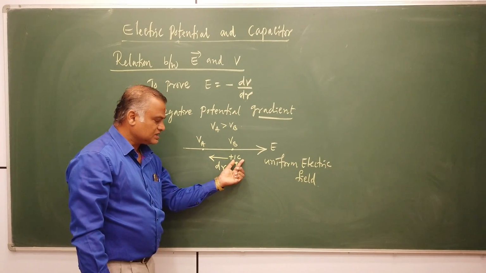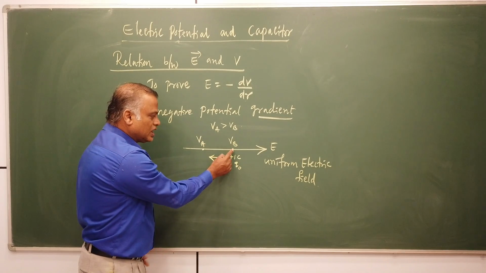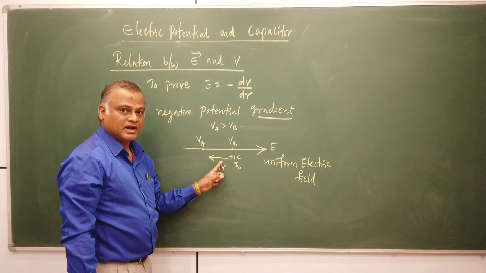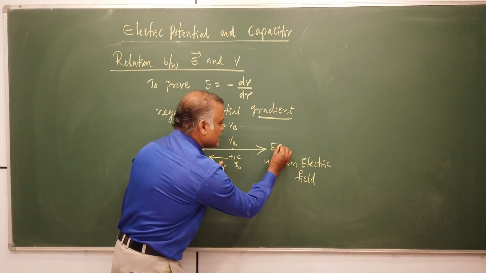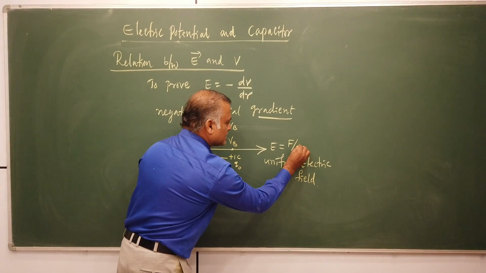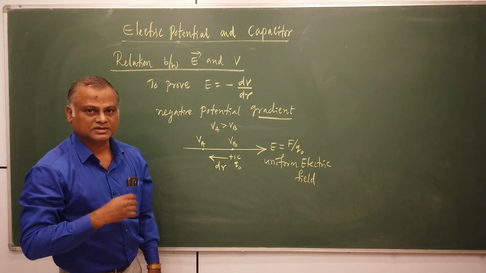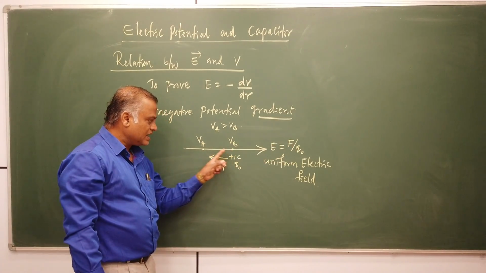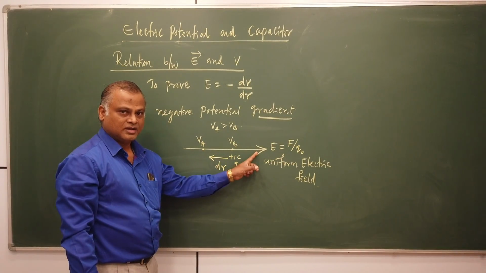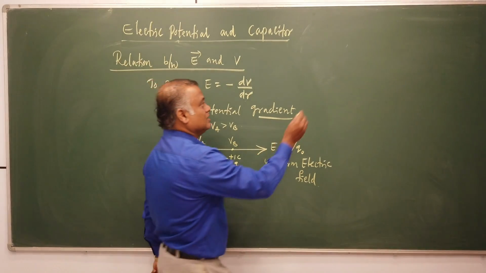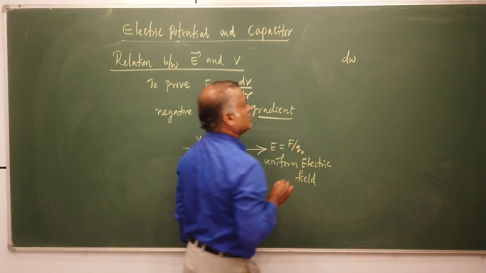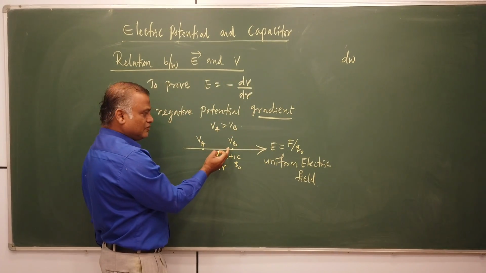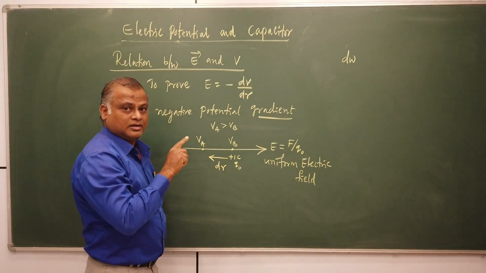Say unit positive charge is carried from lower potential to higher potential, means against the direction of electric field. Here again electric intensity is the force exerted on a test charge, a force acting on unit positive charge. So when it is carried against the direction of electric field, you must do some work. So that small work done in carrying a charge from where to where? Not infinity here.